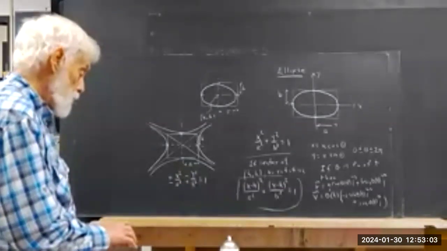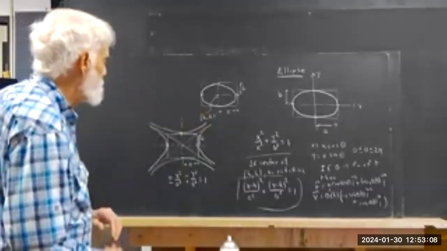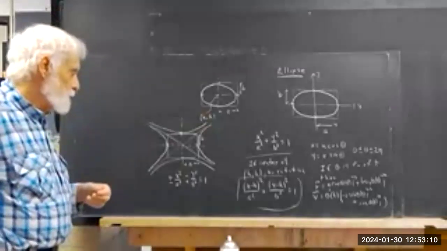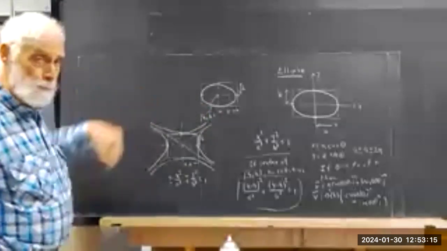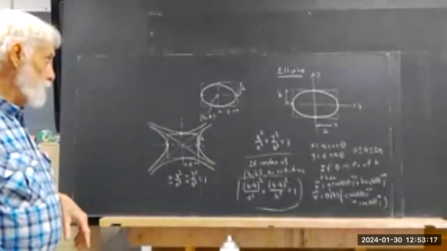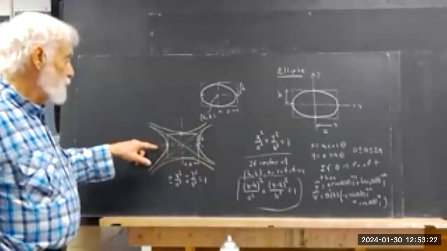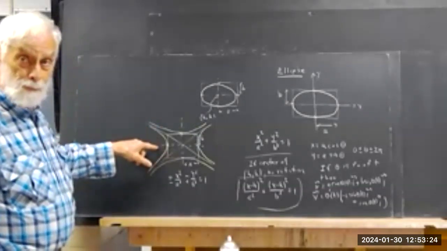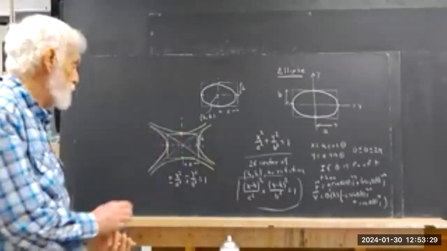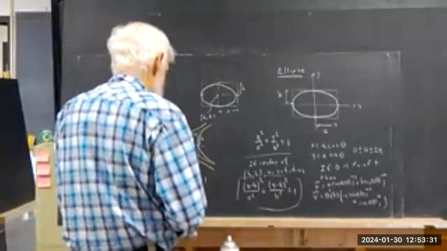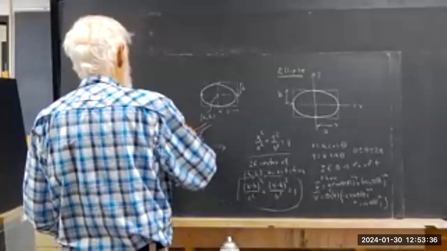So let's look at both cases. Which one is like this? Would the x squared over a squared be positive or negative for this one? Well, the one thing you see is that for this hyperbola, x can't ever be 0. It never hits x equals 0, assuming this is the x-axis and this is the y-axis.